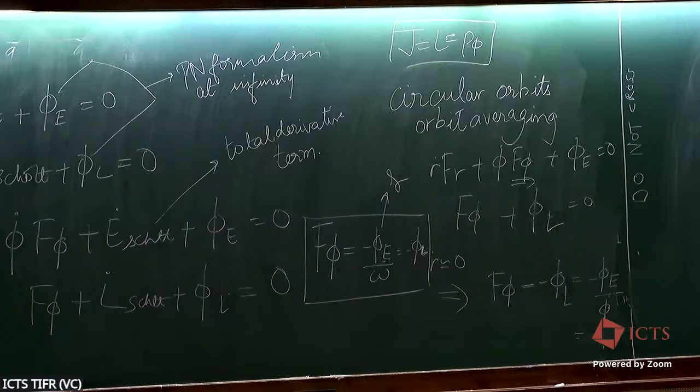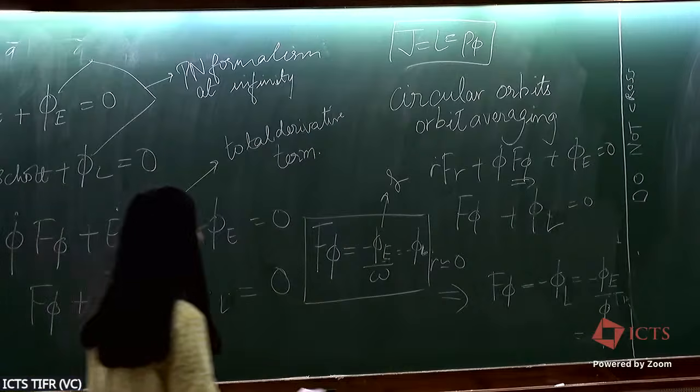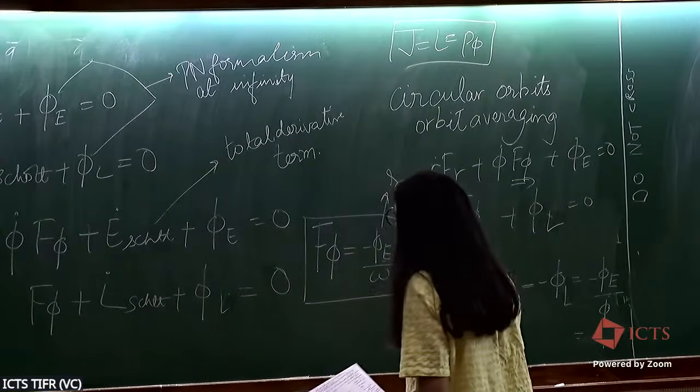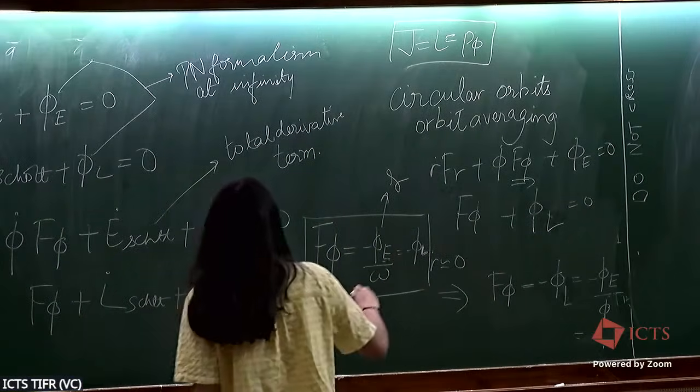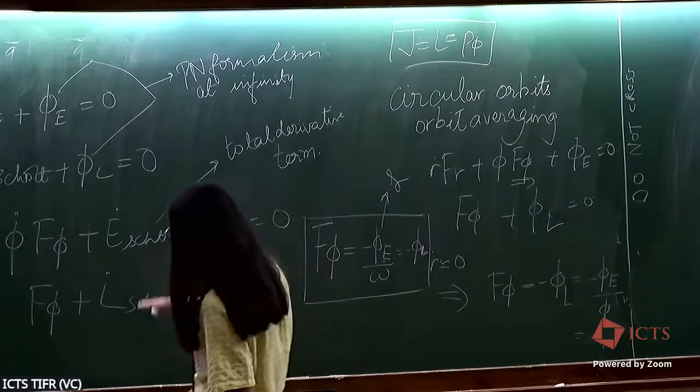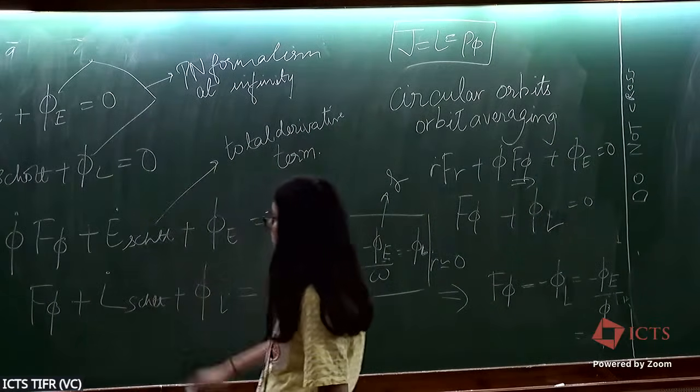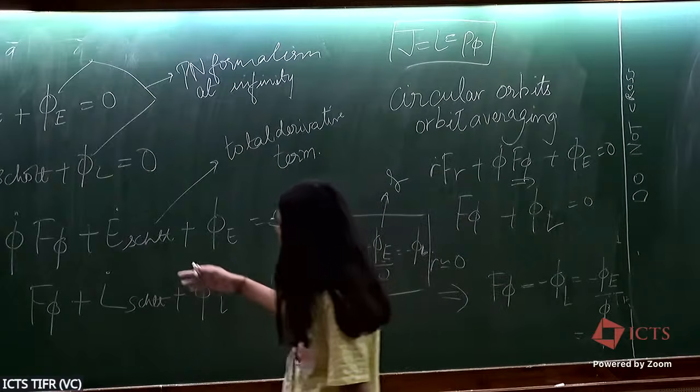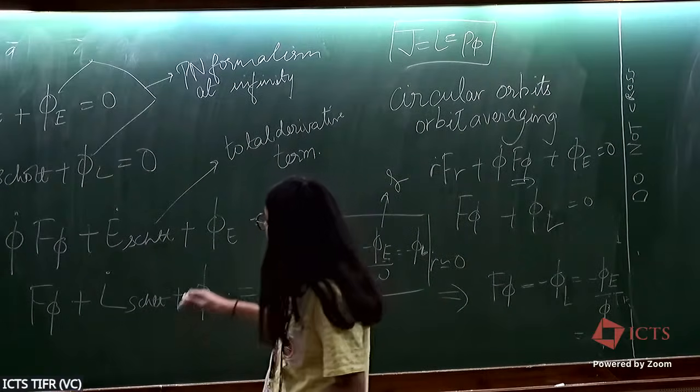Now, in addition, these are just the radiation reaction forces. But just a quick thing to mention for eccentric orbits, if one wants to consider them. In eccentric orbits, one might not be able to do the orbit averaging, and these E dot short and L dot short terms would not go to 0. So how does one do the computation for eccentric orbits?